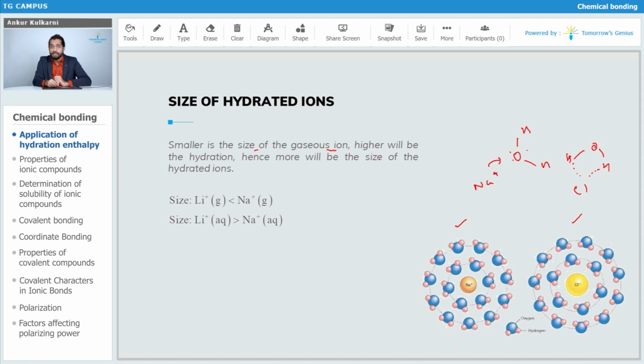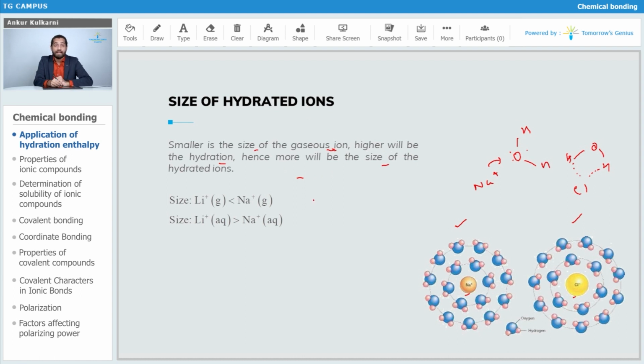What do you mean by this? Let's consider sodium and chloride itself. Sodium is smaller in size and chloride is higher in size. When we say that the smaller the size of the gaseous ion, the higher the hydration, and hence the larger the size of the hydrated ions.